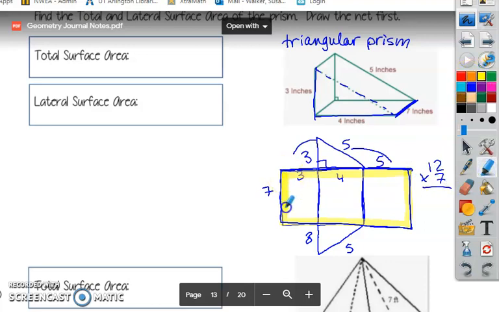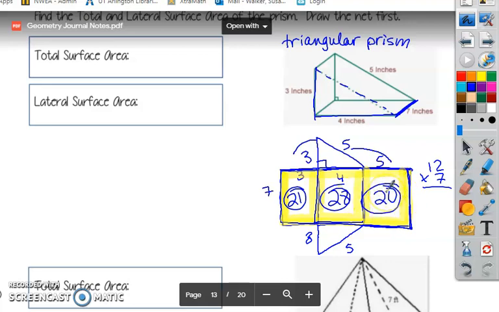I do rectangle, rectangle, rectangle. Base times height: 7 times 3 is 21, 7 times 4 is 28, and then 5 times 4 is 20. This is normally how I do this section.